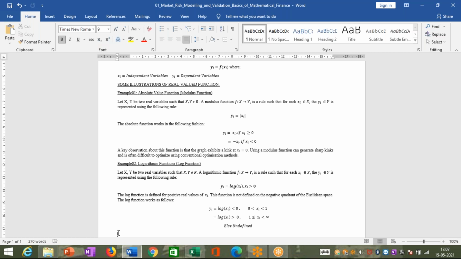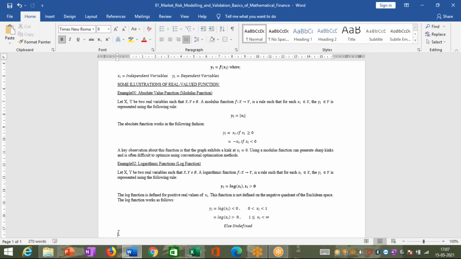So whenever I'm trying to plot any derivative or differential or any such evolution of a variable, I am always using the basic logarithmic function. That is where the log function comes into play, right?